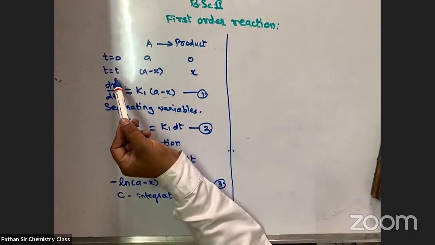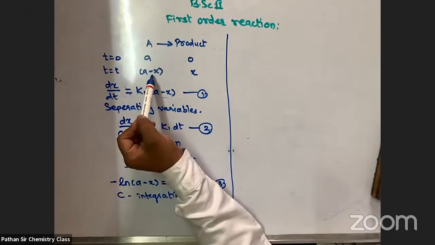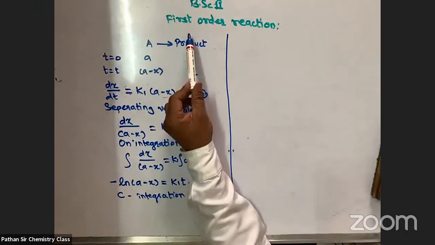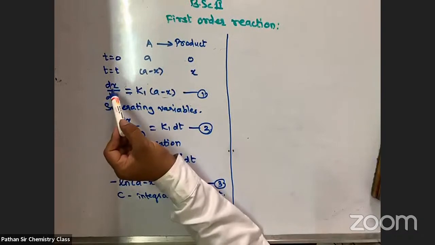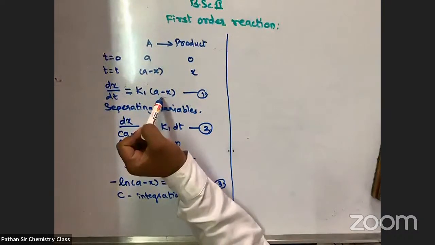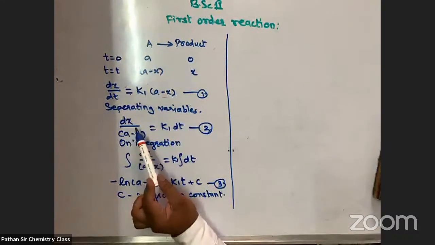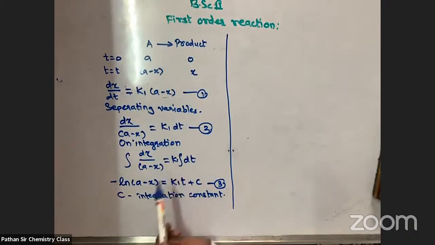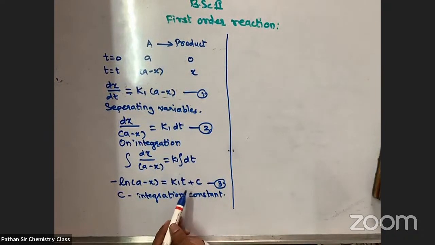So the remaining concentration of reactant A after some time t is A minus X, and that product will be X. Now as it is a first order reaction, you can write the differential rate expression as dx upon dt is equals to k1 into A minus X. Then after separating variables, you get dx upon A minus X is equals to k1 dt. Integrate it, you reach up to this: minus log of A minus X is equals to k1 t plus c.